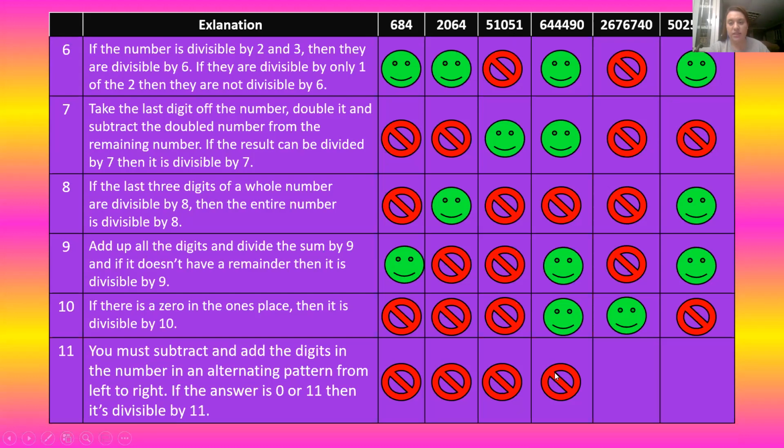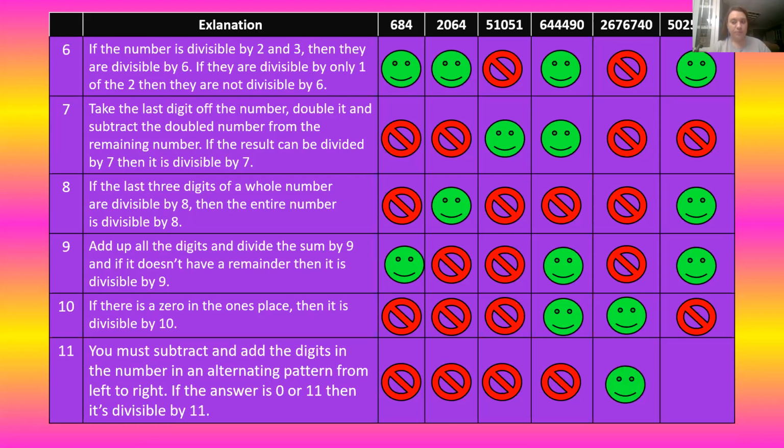And then the 644,490 ended in 11, so that one is also correct. I'm so sorry about the mess up. All right, so next try. So we have 2 minus 6 plus 7 minus 6 plus 7 minus 4 plus 0, which gives you a 0. So that one is also correct.